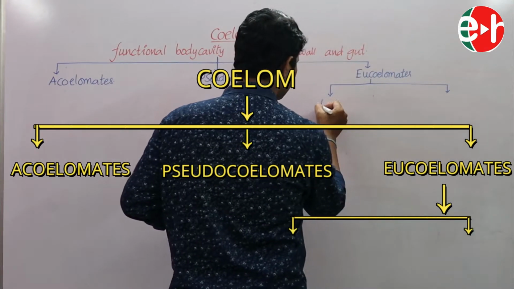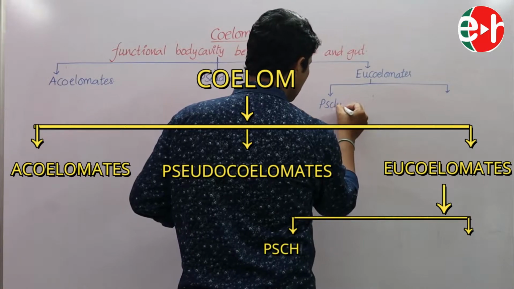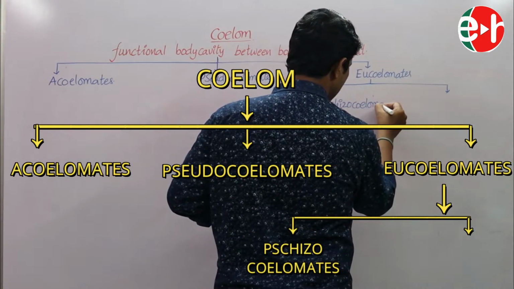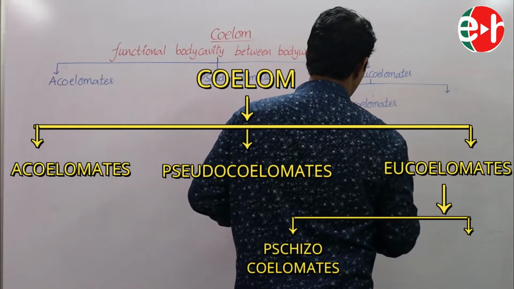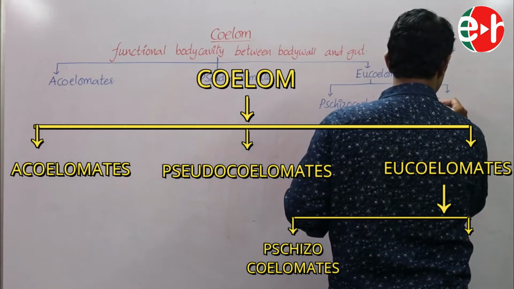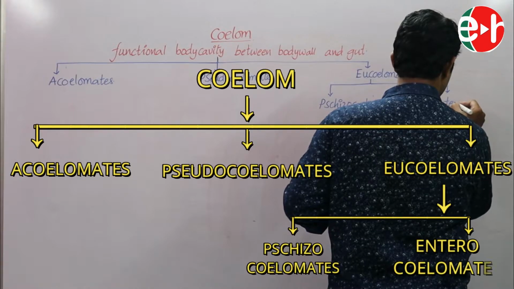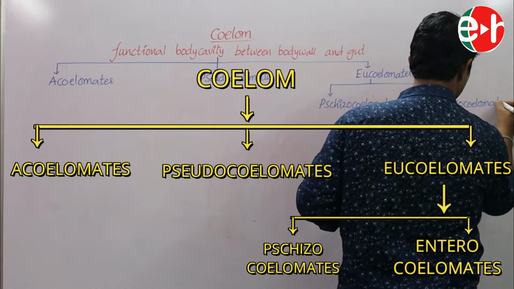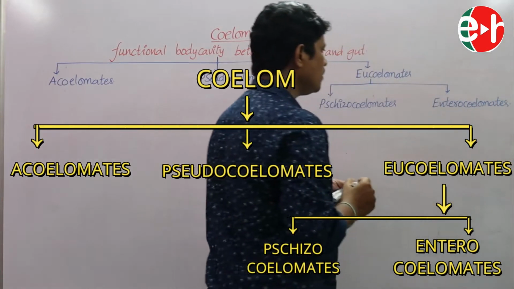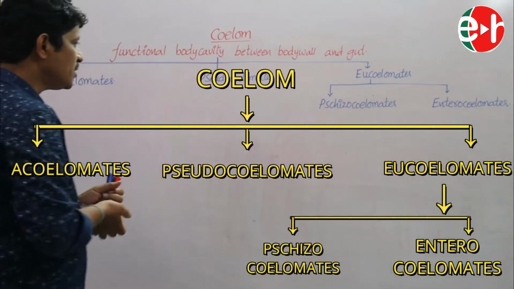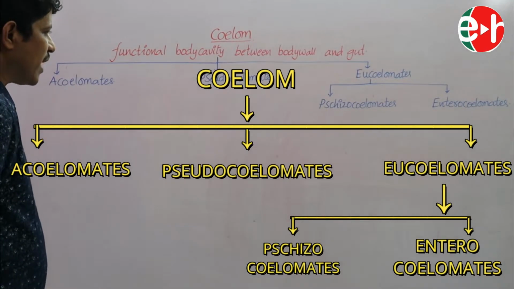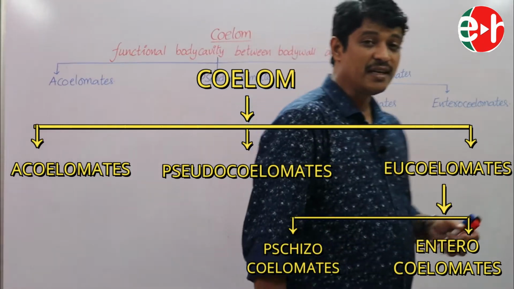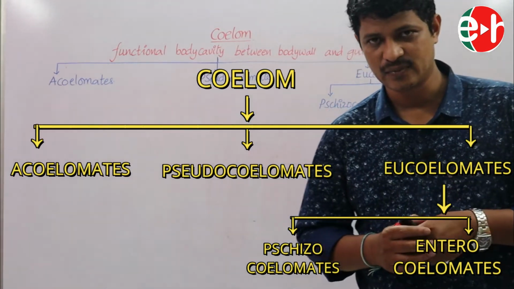First one is schizocoelomates, and the second one is enterocoelomates. These are the different types of coelomates.